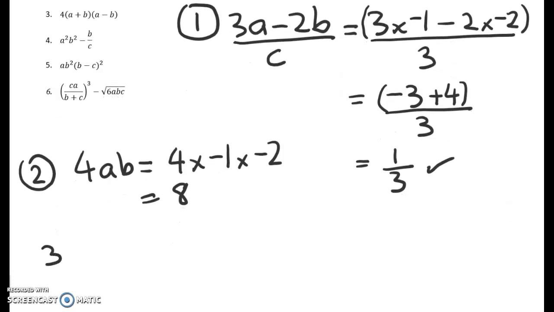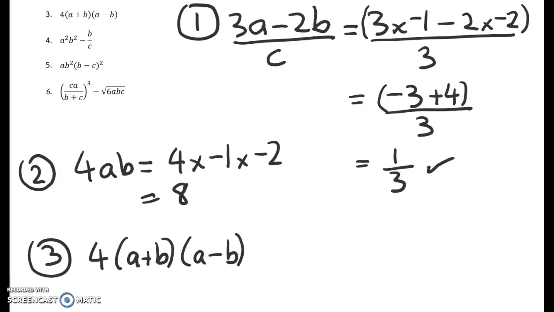Okay, moving on to question 3, we've got 4 times a plus b times a minus b. Substituting in the a and the b, we get 4 times -1 plus -2 times -1 minus -2.